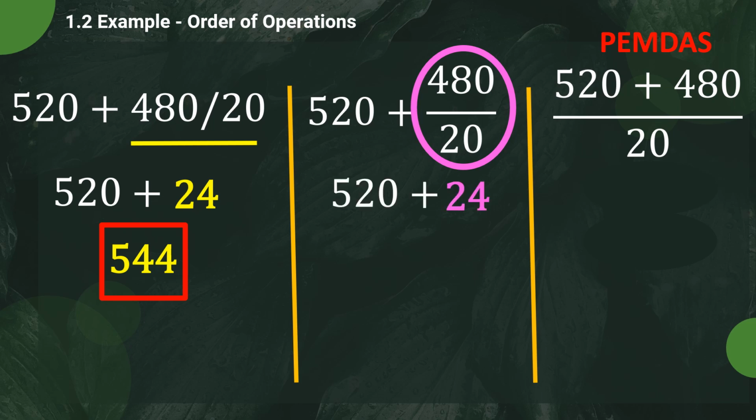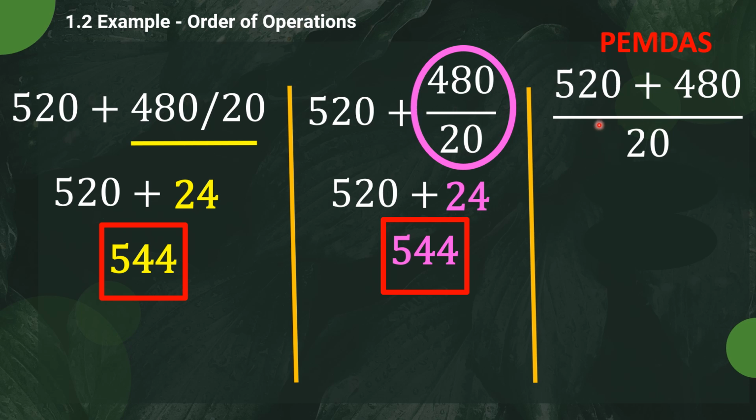So then we have 520 plus 24, which again is 544. So it turns out that these first two problems are exactly the same. This is just two different ways to write the exact same thing, 480 slash 20 and 480 over 20.